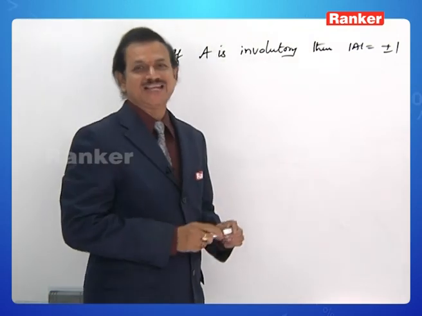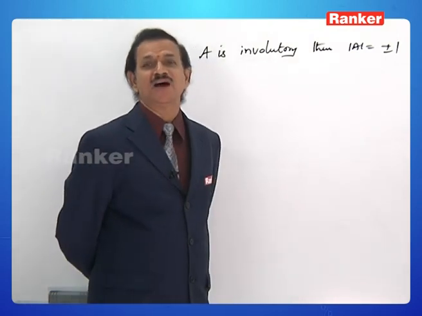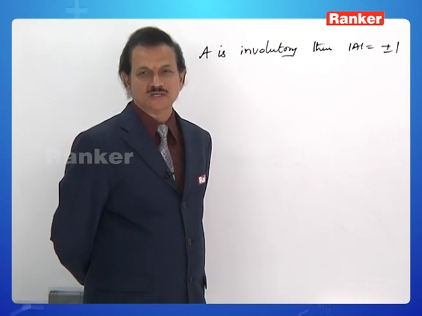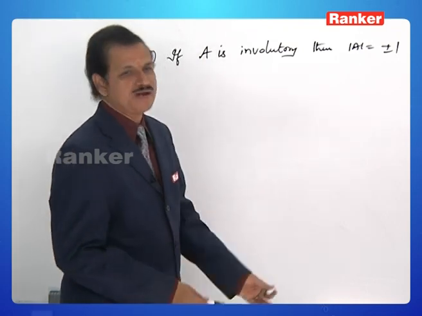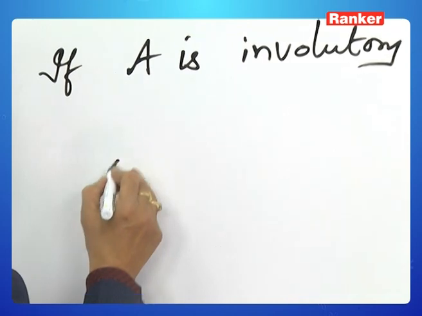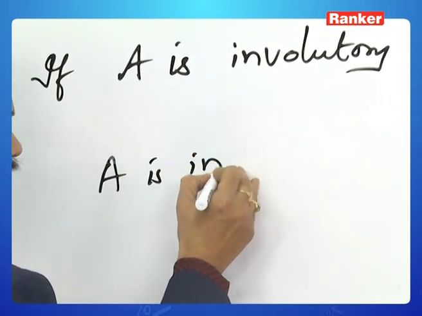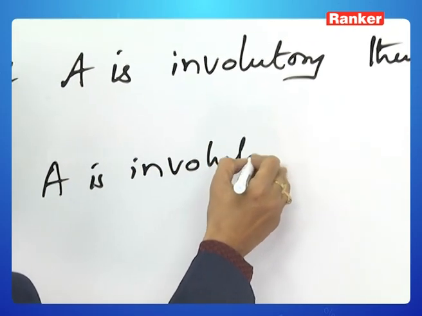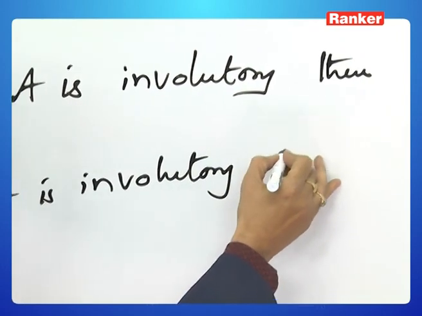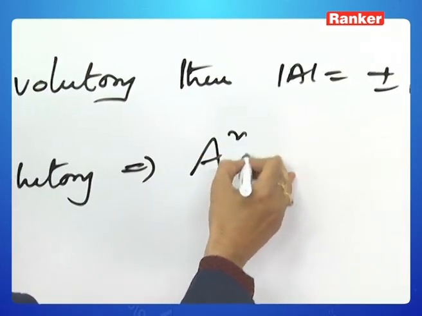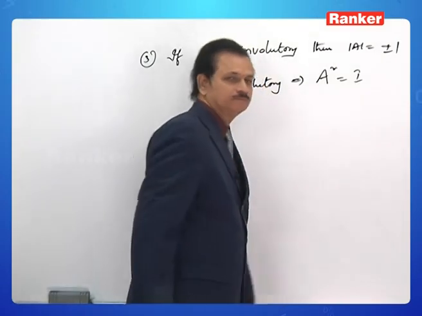You please recollect the definition of an involutory matrix. What is meant by an involutory matrix? A is involutory. What does this mean? A square is equal to I.